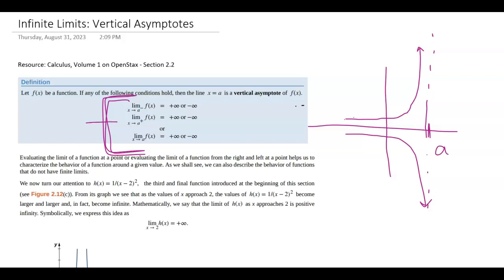Same thing if you're going from the right, same thing if you're going from both sides. If you find your outputs are heading towards positive or negative infinity as you're approaching a specific x value, then there must be a vertical asymptote there.